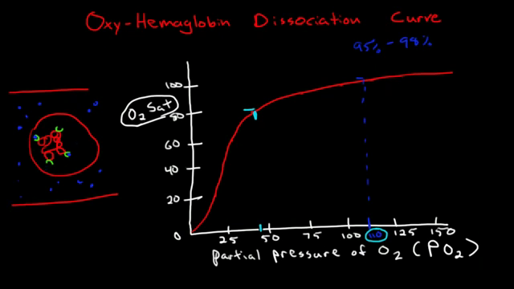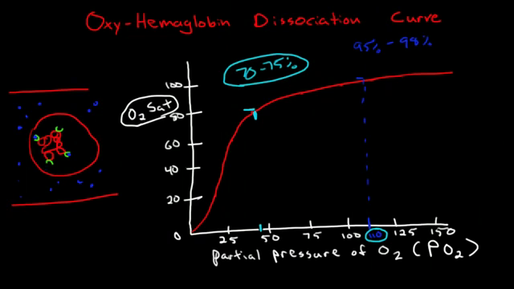So down in the tissues we may have an oxygen saturation of around 80%. And actually, to make it more realistic, the average oxygen saturation within the tissues is around 70 to 75%, and this is again the average of the entire body.